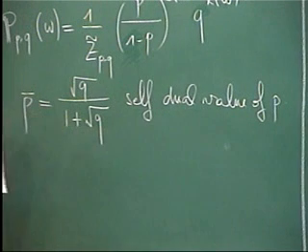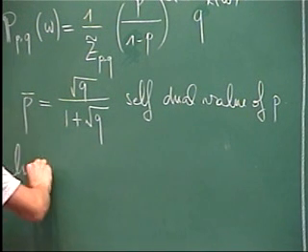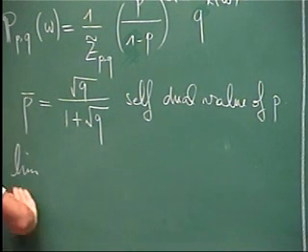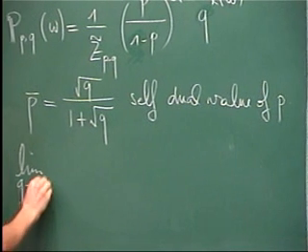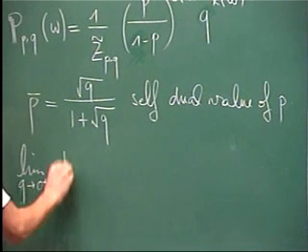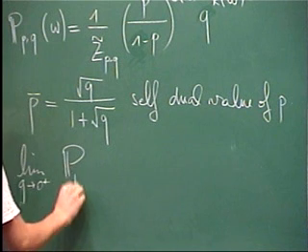With this value of p, the question I'm asking is what is the limit when q tends to 0 plus of this measure.